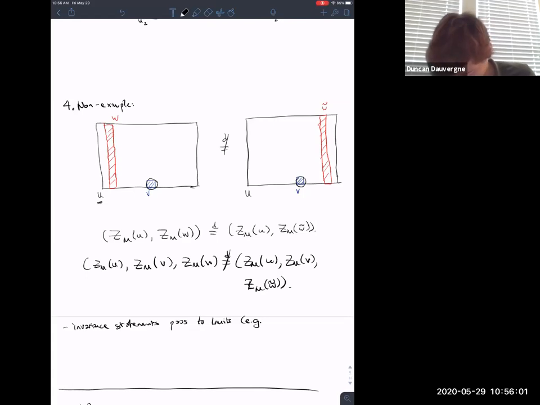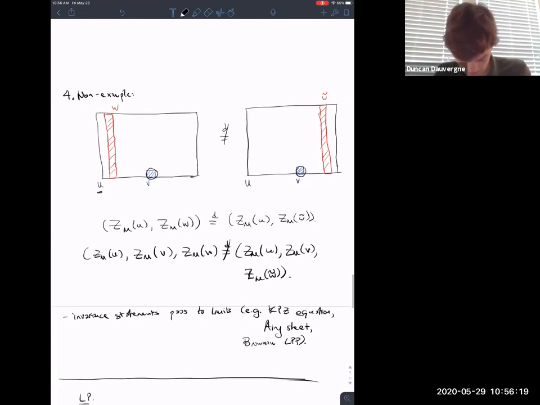Maybe your favorite one might be the KPZ equation, which gets new invariance statements, as does the Airy sheet, Brownian last passage percolation, and there are others as well.